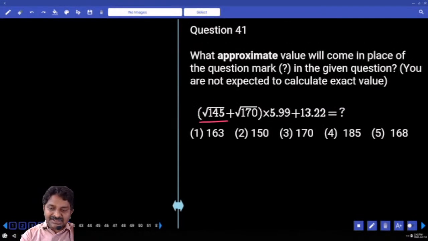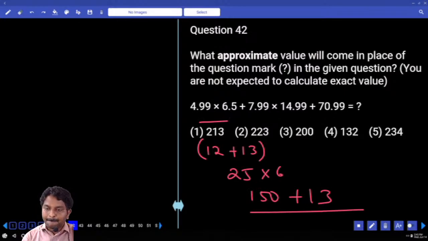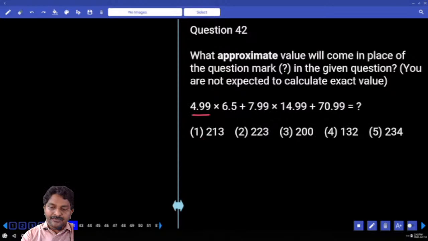Approximations. Come on. How much is this? 12 plus 13. Total 25 into 6. How much? 150 plus 13. 163. How much? 5 times is 10 times and half only, which is 32.5. Come on.